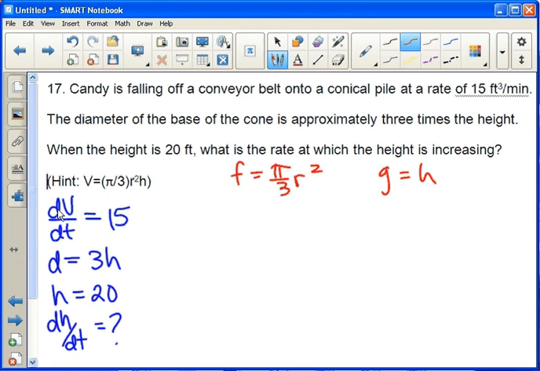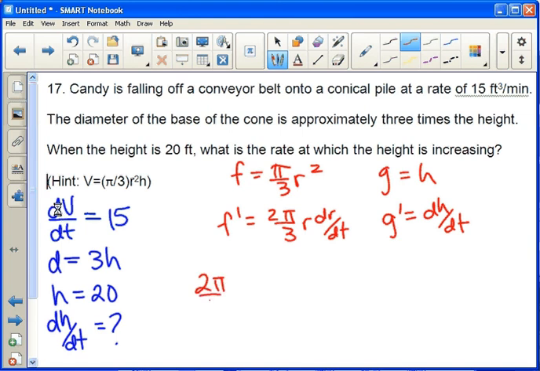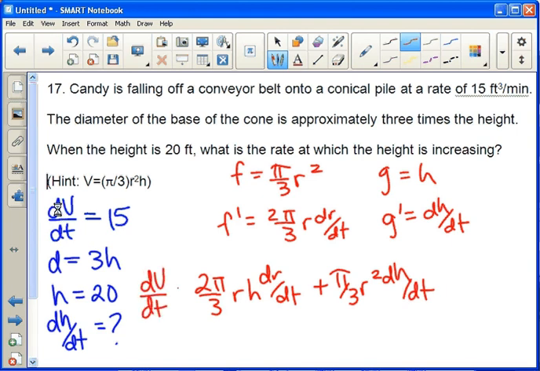So f prime will be 2 pi over 3 r dr over dt, and g prime will be dh over dt. f prime times g is 2 pi over 3 r h dr over dt, plus pi thirds r squared dh over dt, and all that will be equal to dV/dt, because the derivative of V is just dV/dt. Remember, at any point if you're slow or behind me, feel free to pause the video and you can catch up.